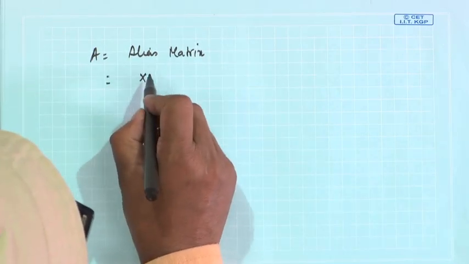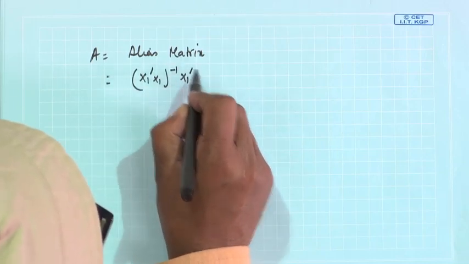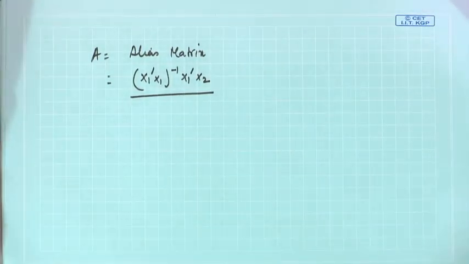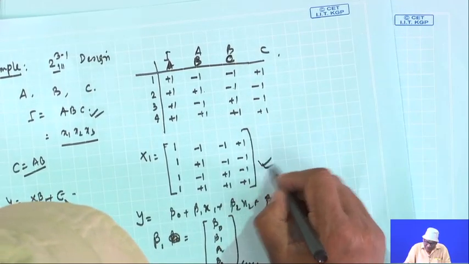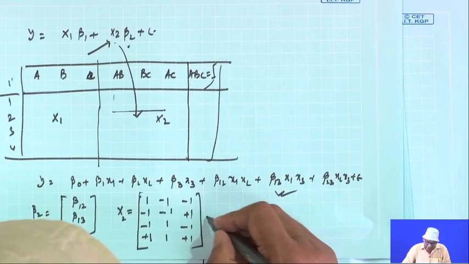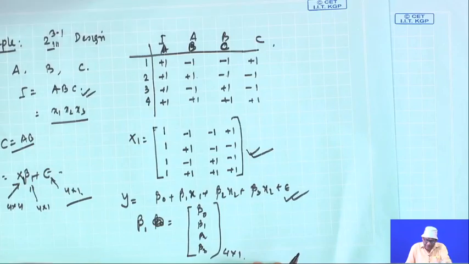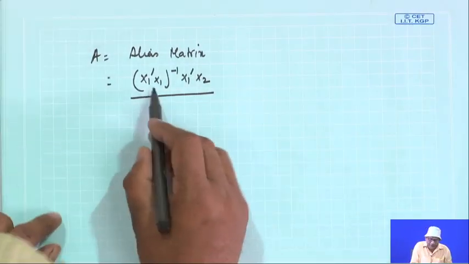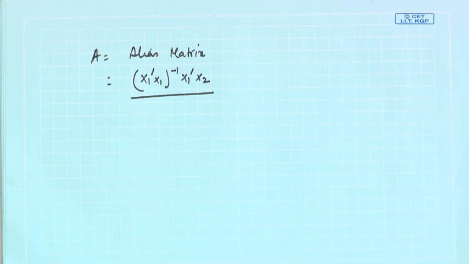So, this one is x1 transpose x1 inverse x1 transpose x2. What is your x1? Your x1 is this. What is x2? x2 is this. So, x2 is 4 cross 3, x1 is your 4 cross 4. Now you find out x1 transpose x1 inverse and also find out x1 transpose x2, and multiply the two.